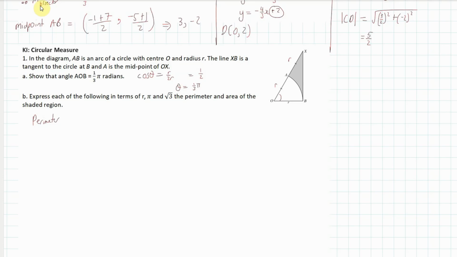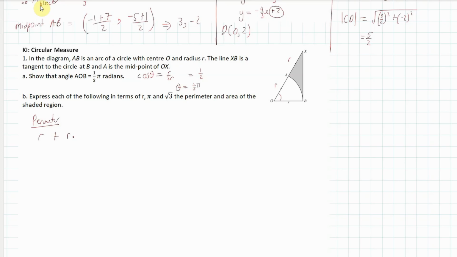So you can see from A to X is r. That's that bit there, right? A to X is r. Now I'm going to think about this bit here, AB. Now AB is r theta.